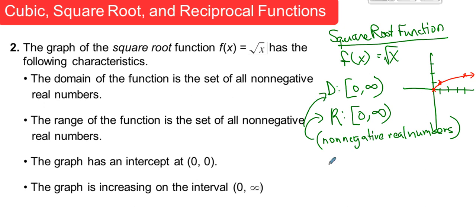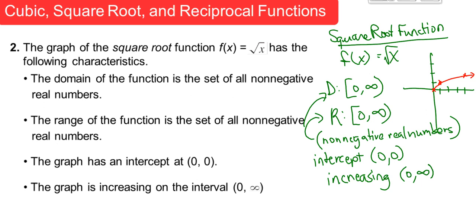The intercept, x and y intercept, is the same thing. So there's just one intercept, which is (0, 0). And it is always increasing over its domain, so increasing from 0 to infinity, and those intervals don't use brackets, so 0 to infinity.